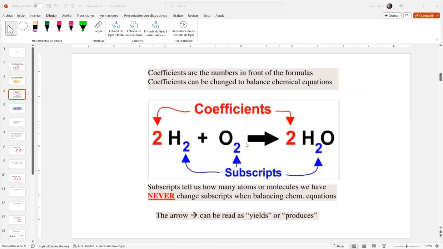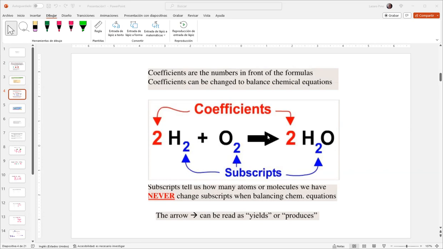The coefficient represents the number of molecules or moles of each substance, and they can be changed while we are balancing the chemical equation. We have subscripts; they cannot be changed because they represent the number of atoms in each molecule.